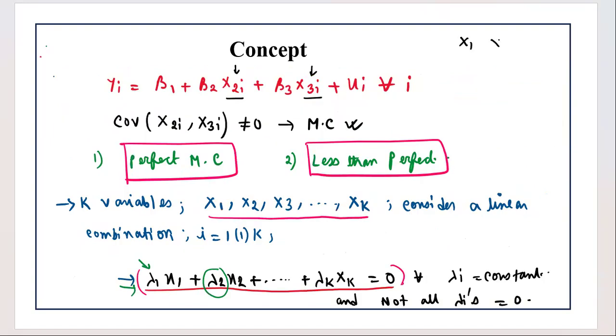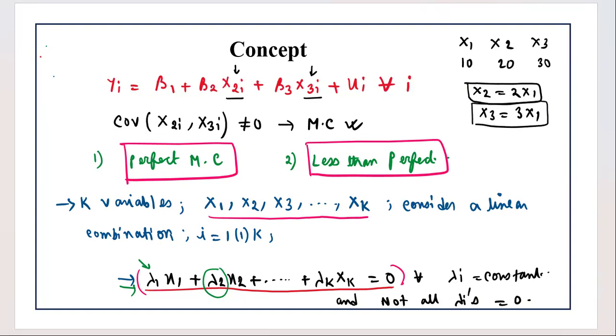Suppose you are taking into account three variables, x1, x2, and x3. Suppose you have three variables in your model and you see that the variable x1 is taking the value 10, x2 is taking the value 20, and x3 is taking the value 30. If this is the case, then what you can say is that x2 is simply 2x1 and x3 is simply 3x1. So see, x1 and x2 are perfectly correlated with each other. x3 and x1 are again perfectly correlated with each other, which basically means x1, x2, x3.